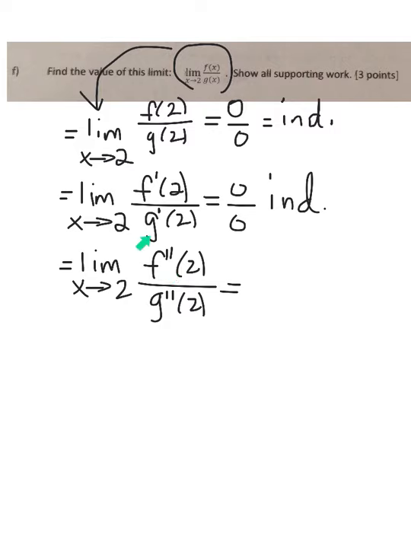So if I want f double prime, I'm basically looking at the slope of f prime at x equals 2. So if you look at the slope when x equals 2, that's negative. And if you count boxes, that's down 1 over 1. So then f double prime of 2 is negative 1. All right, g double prime of 2, go to the chart, and there it is. And there's your answer.